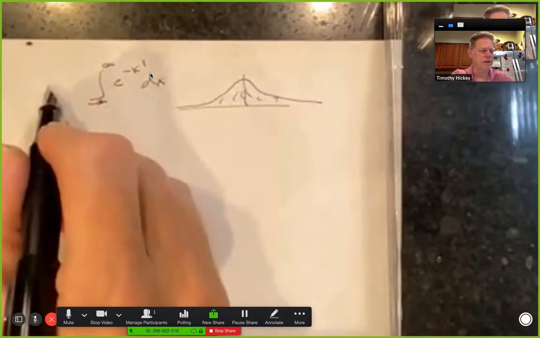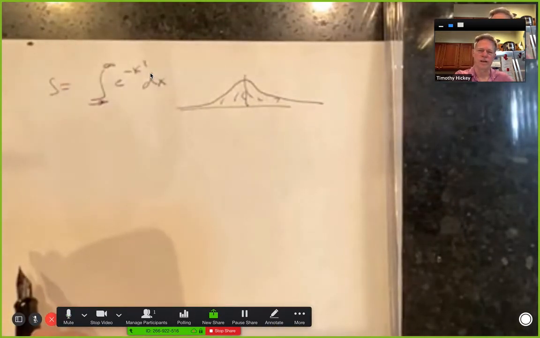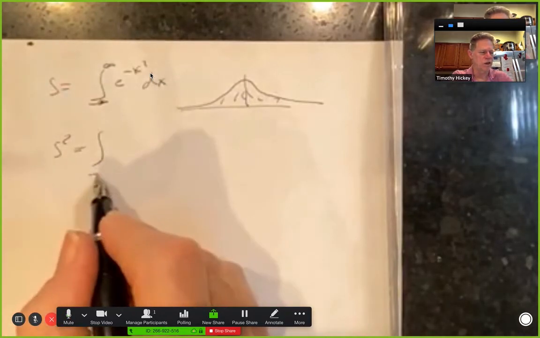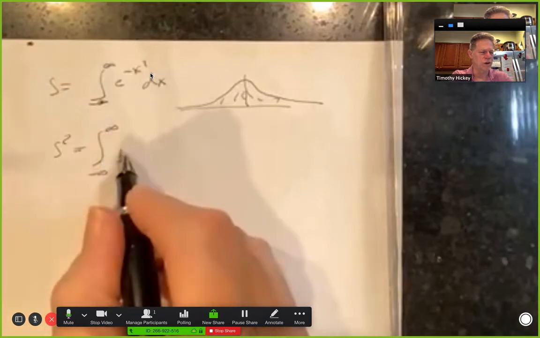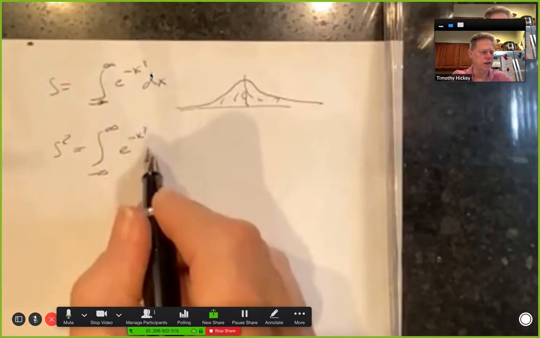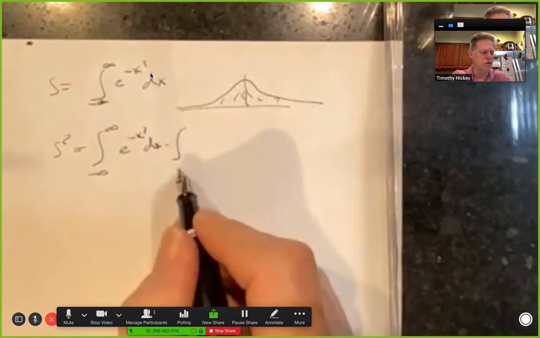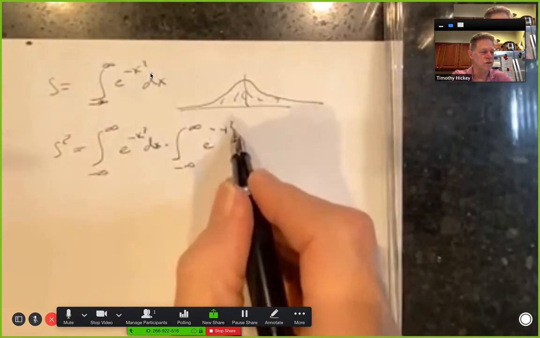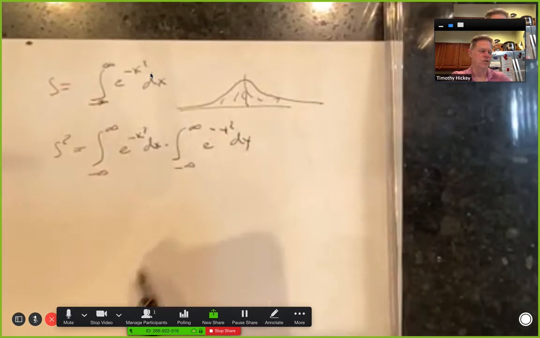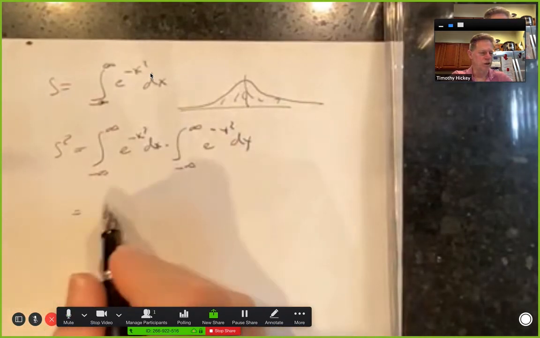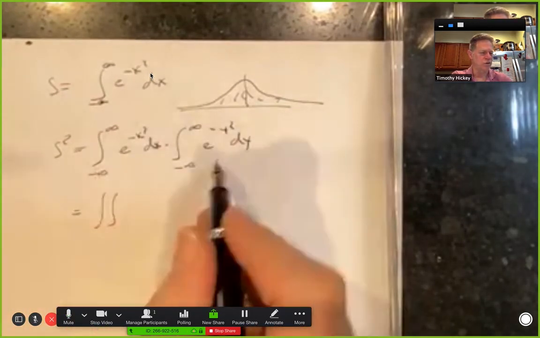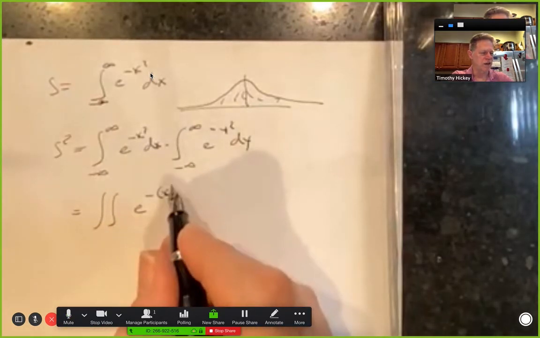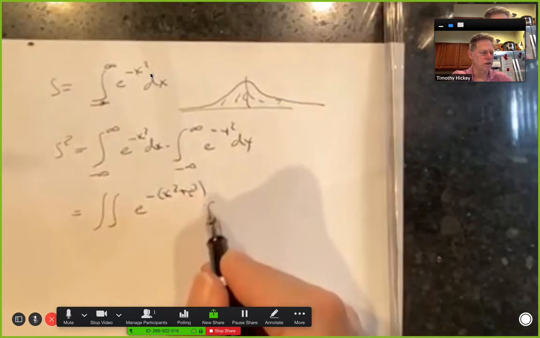We'll call that S. The very clever trick is you do S squared, which is the integral from minus infinity to infinity of e to the minus x squared dx times the integral from minus infinity to infinity of e to the minus y squared dy, because it's just a dummy variable. If we bring those products inside, it's e to the minus x squared plus y squared dx dy.